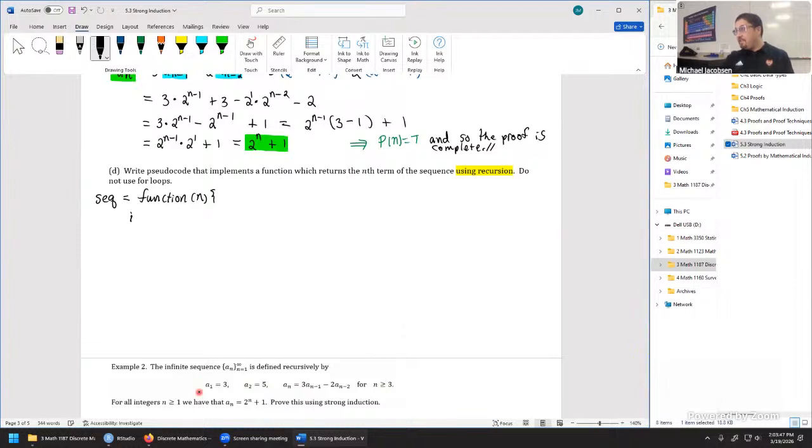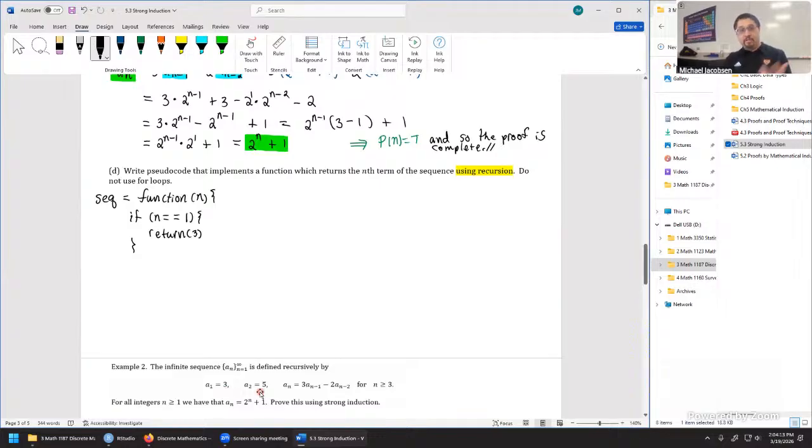So we'll say here, if n, this is a comparison check, so we'll use the double equals. If n comes out as a 1, we want to return the first term of the sequence. It's defined to be 3, so we return 3. So that gets us started.